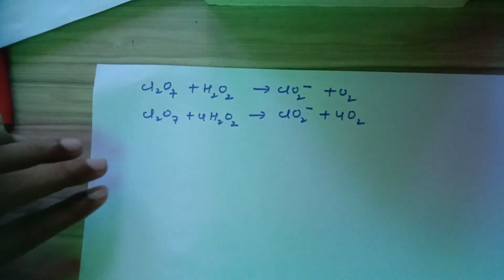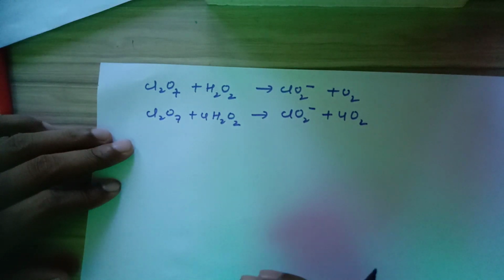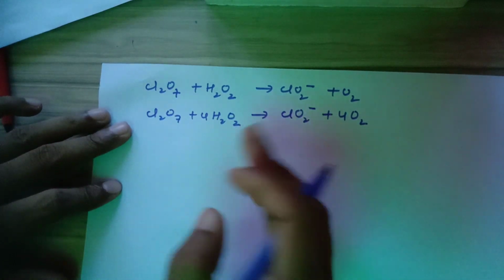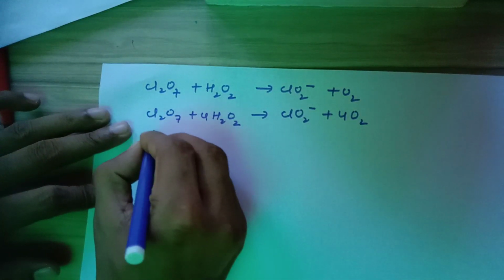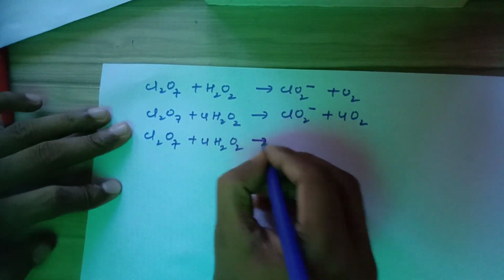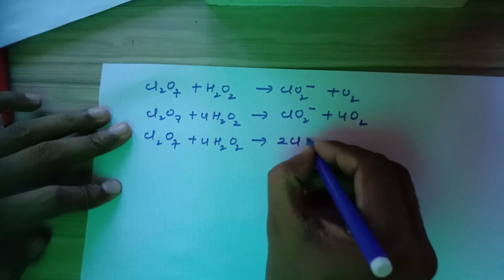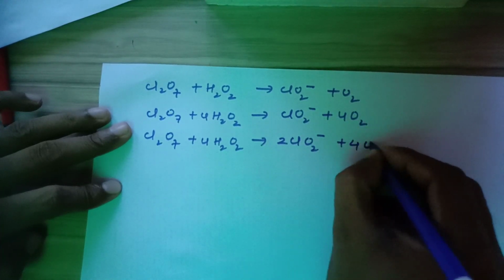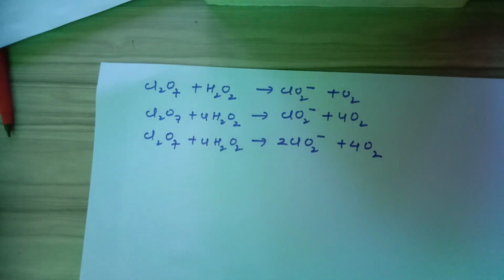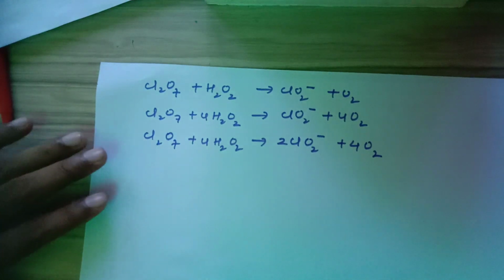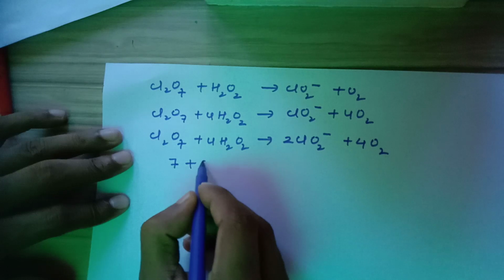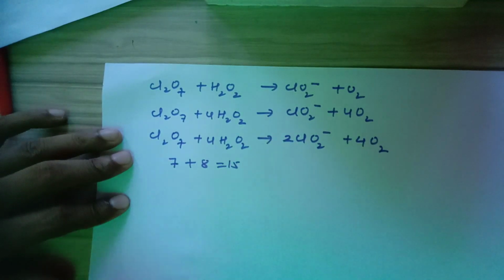Now the next rule: we have to balance the central atom which is unbalanced. Here Cl is 2, here Cl is 1, so let's balance it by multiplying with 2. It will be Cl2O7, 4H2O2, 2ClO2 minus and 4O2. Now let's balance the number of oxygen. Here there is 7 oxygen plus 8 oxygen, so total 15 oxygen.